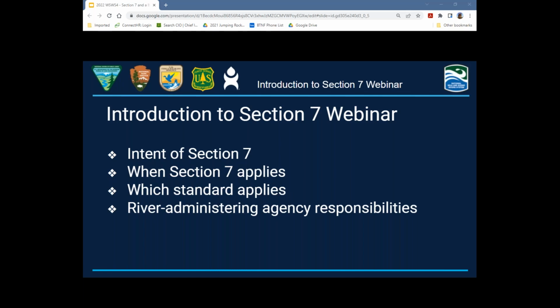We also defined a water resources project and explained that Section 7 applies only to hydropower projects licensed by the Federal Energy Regulatory Commission and other water resources projects. We discussed the 4 different evaluative standards and where they apply and ended by discussing the river administering agency's responsibilities under Section 7. For the benefit of those who may not have attended last month's webinar, we'll start with a quick review of those key concepts.